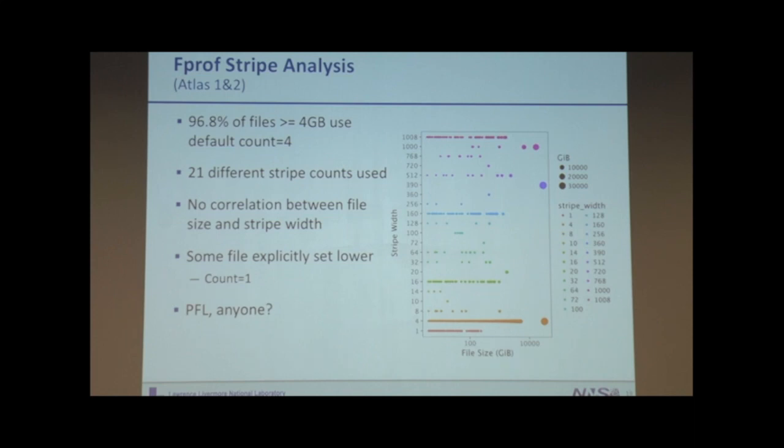In other words, it's not like we saw striping used well with really large files. That wasn't the case at all. And we saw some where people actually decreased the stripe count to 1, and we think those were file-per-process type jobs where striping is discouraged. So I think this is a great case for PFL. Fortunately, that exists now.